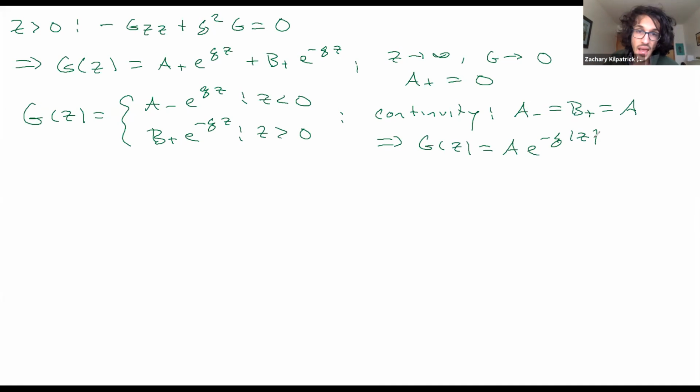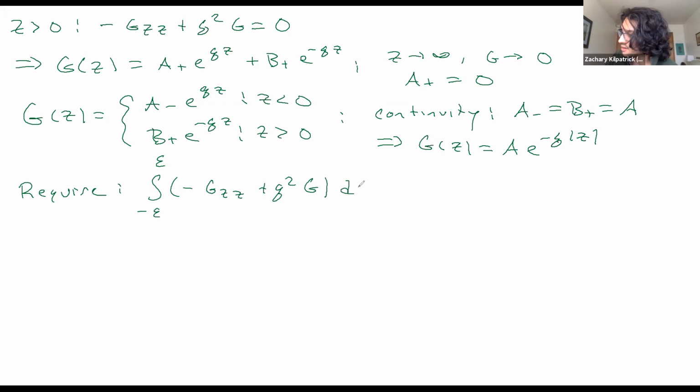So what's the last part? The last part now is having our singularity have the right mass. So that's a condition essentially on the integral. So what do I mean? Specifically, the integral of the differential operator acting on g should equal the delta distribution.